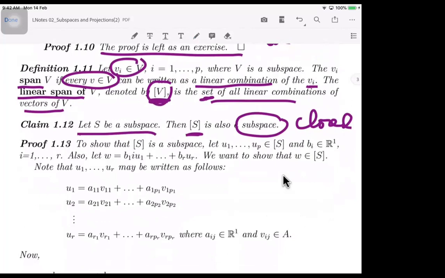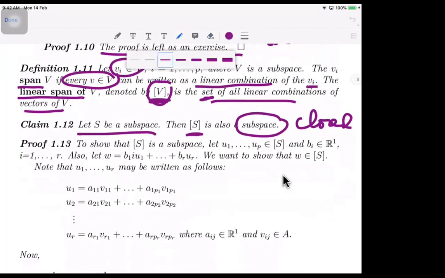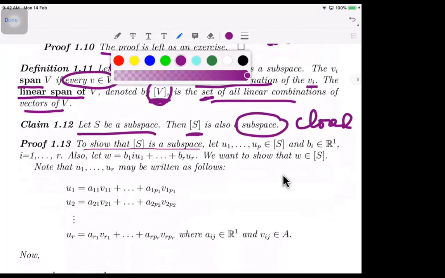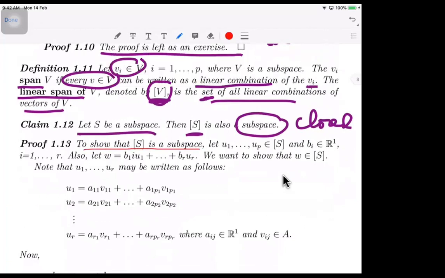So again, to show that it is a subspace, take a vector that is in the linear span.